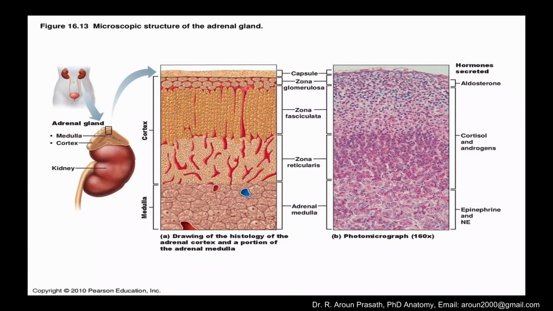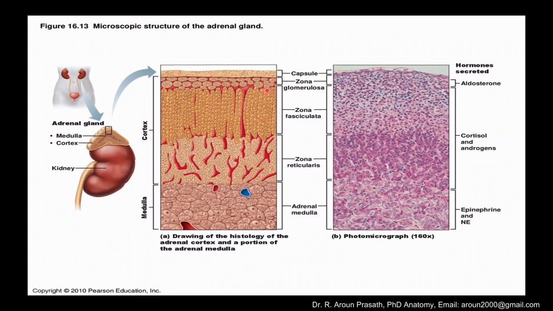The outermost layer is the capsule, a connective tissue covering the whole gland. Below that, you have the zona glomerulosa, that secretes aldosterone. The sex steroid is the testosterone hormone, secreted in both females as well as males.